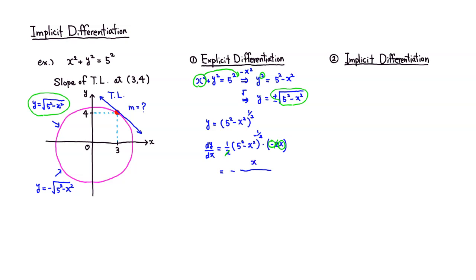Because of the negative power, we know that 5 squared minus x squared has to be on the bottom. Then we still have to take care of the 1/2 power, which is equivalent to the square root.